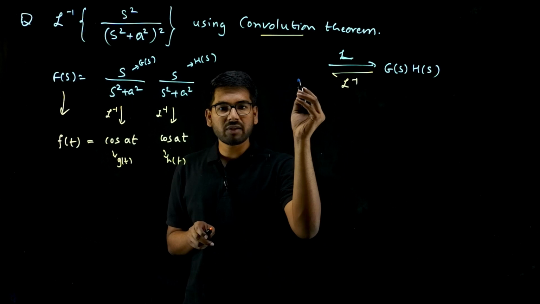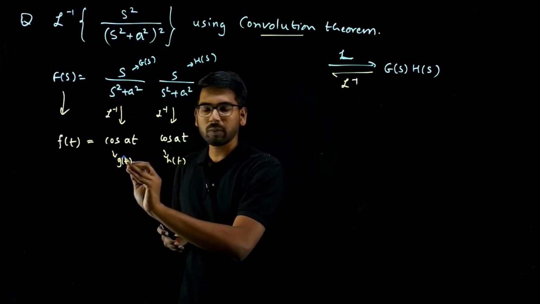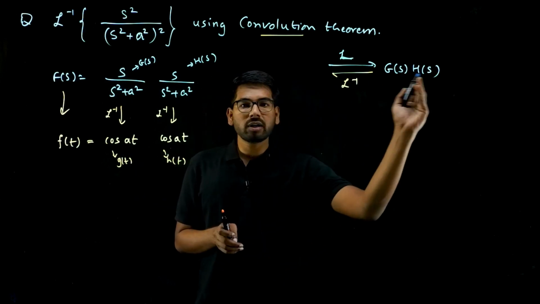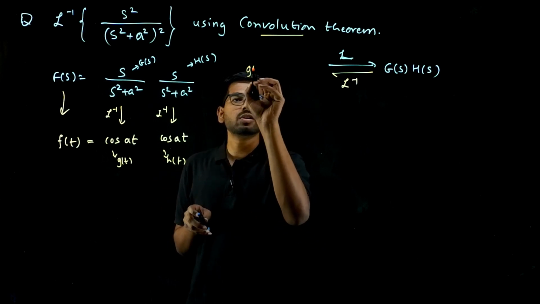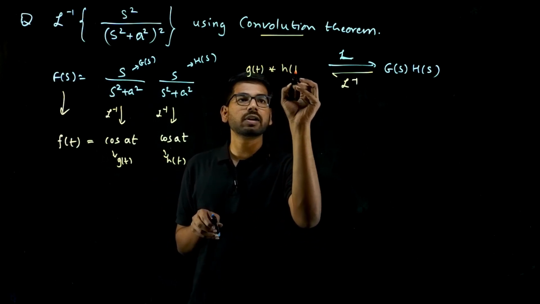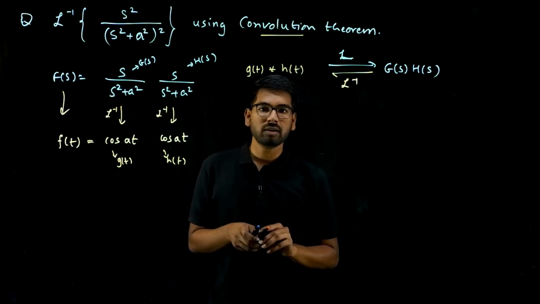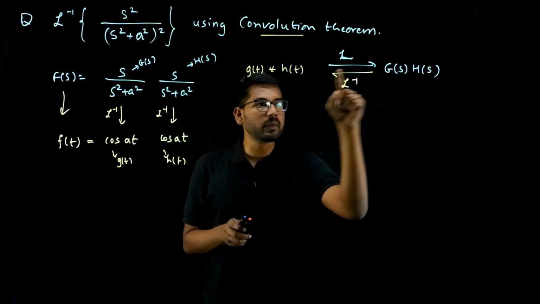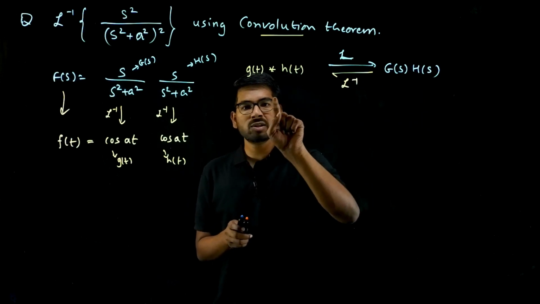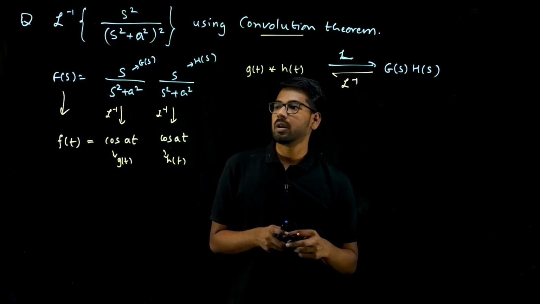If you take the inverse Laplace transform, you cannot simply multiply them. The product becomes the convolution between g(t) and h(t), written g(t) star h(t). Convolution is represented as a star. That's what the convolution theorem says: convolution in one domain becomes multiplication in the other, and multiplication becomes convolution.